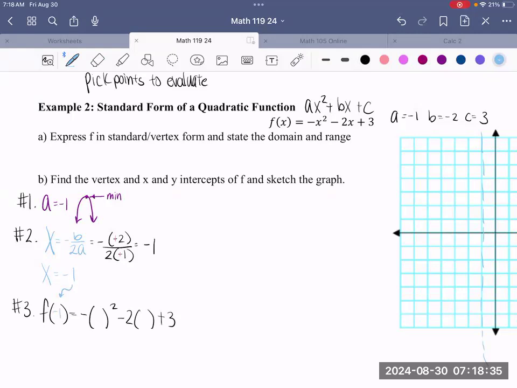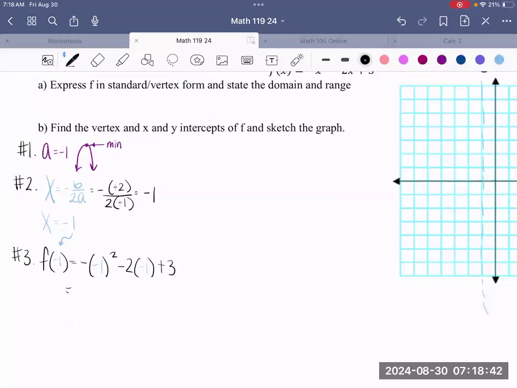So -1 replaces your x values, and then we can go ahead and evaluate. So -1 squared is just +1 times your negative. So we get -1 plus 2 plus 3, which means we're left with 4.